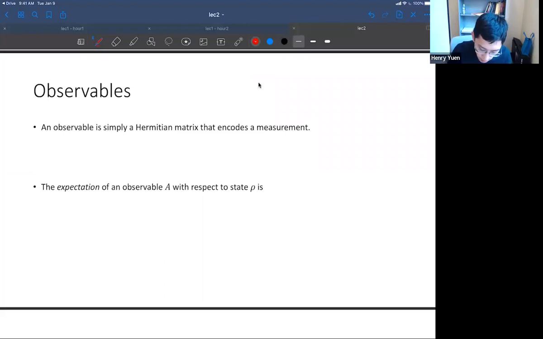So, mathematically speaking, an observable is just a Hermitian matrix. That's all it is. And the claim is that it encodes a measurement. So let's say we have a Hermitian matrix A, d by d, Hermitian. Remember that according to the spectral theorem, we can diagonalize A. There are some real eigenvalues, and there's a basis under which it's diagonalized.